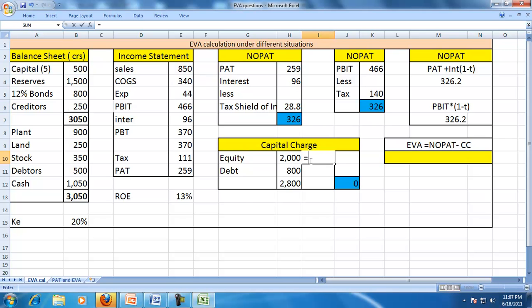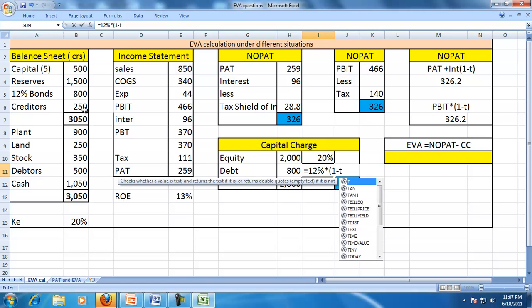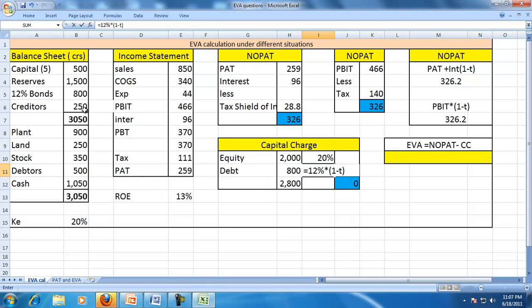The cost of equity is given as 20%, and the cost of debt is a post-tax interest rate, so 12% into 1 minus t, where t is 30%, so the cost of debt is 8.4%.